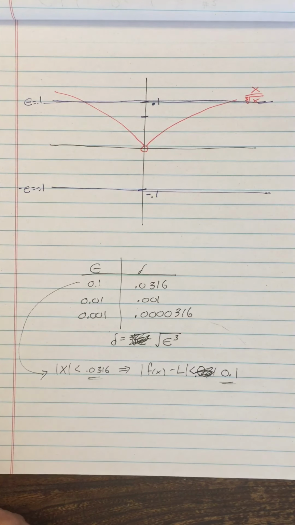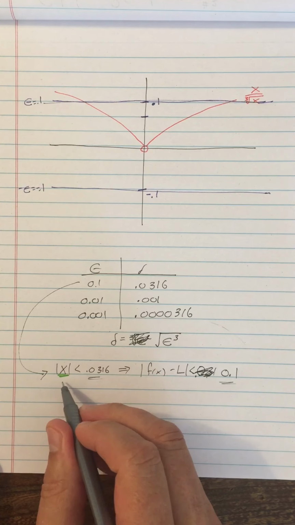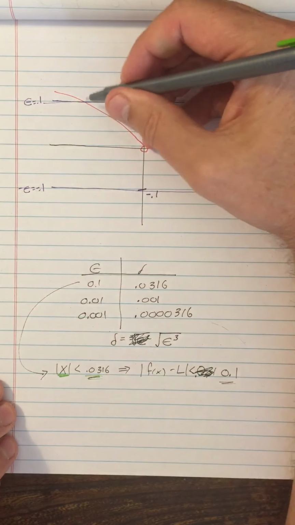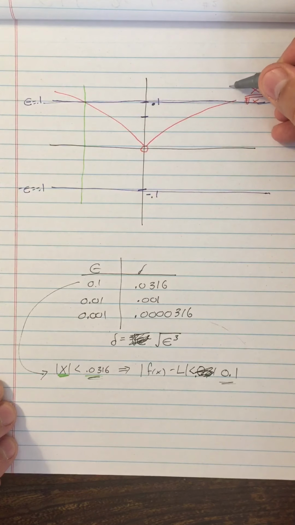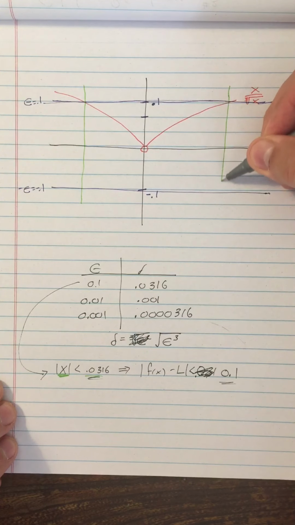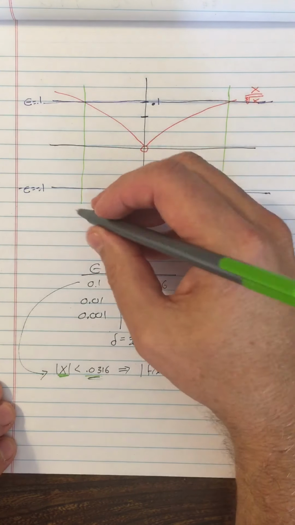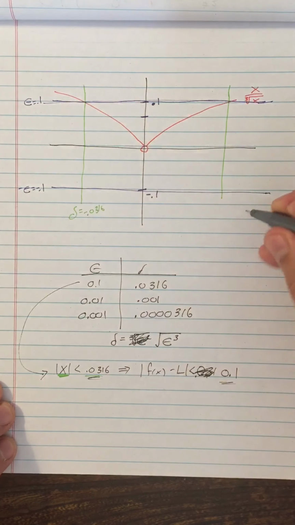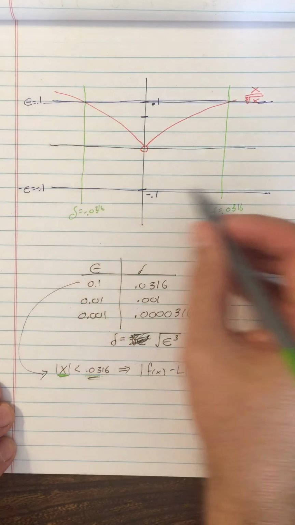We're saying that if the absolute value of x, so that's on the x-axis now, is less than 0.0316, so what that means is if I take my delta, I'm going to be looking at the values that trap the function within the epsilon band. So this is called the delta band. Here's delta equals negative 0.0316, so my axes are scaled unequally, which is okay, we do that sometimes. Delta equals positive 0.0316, and this is the delta band.